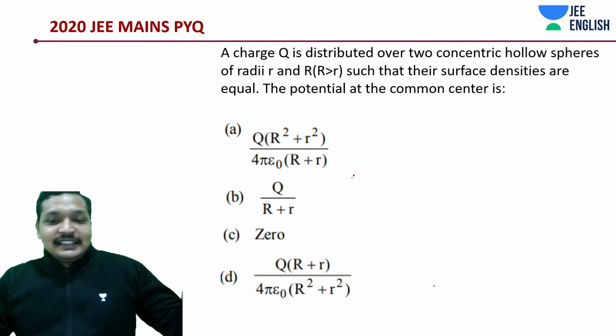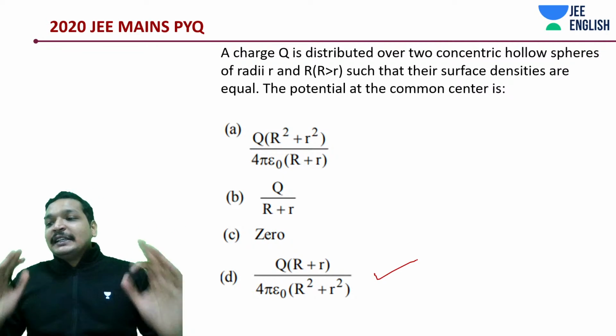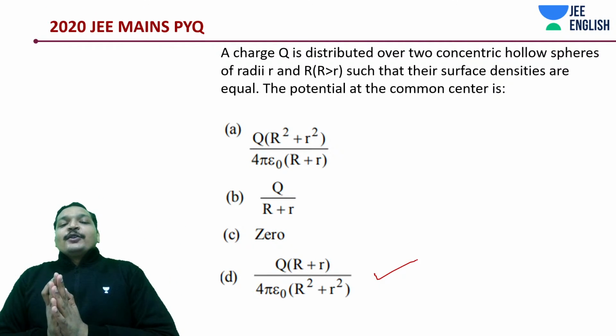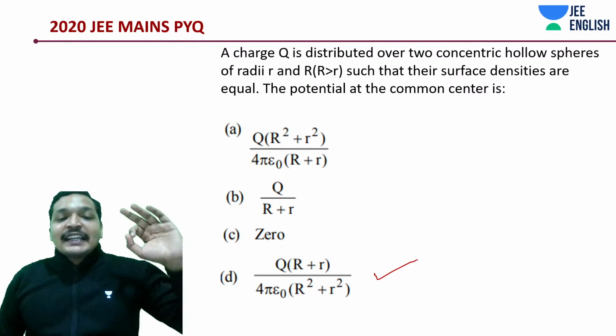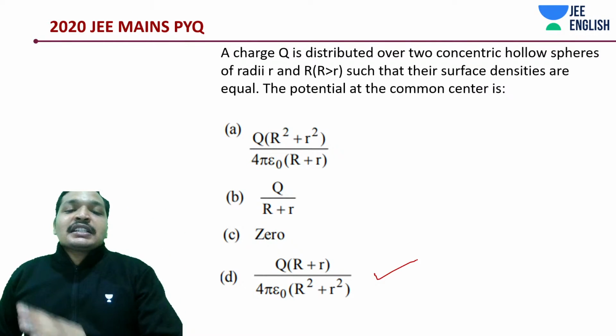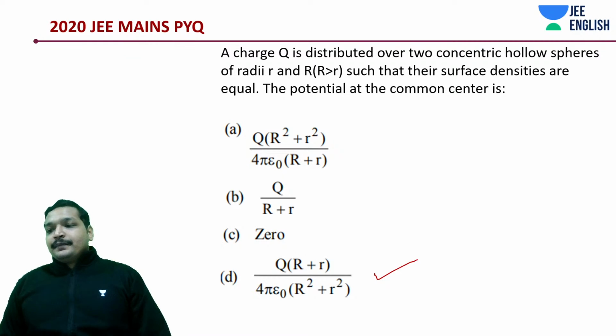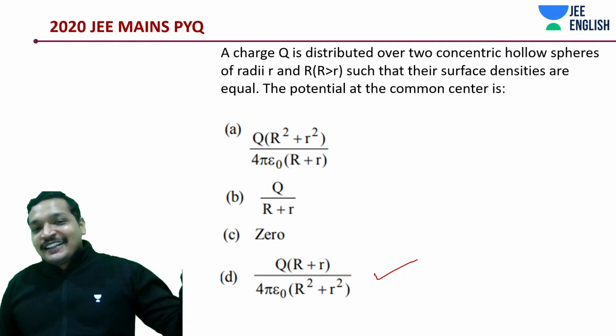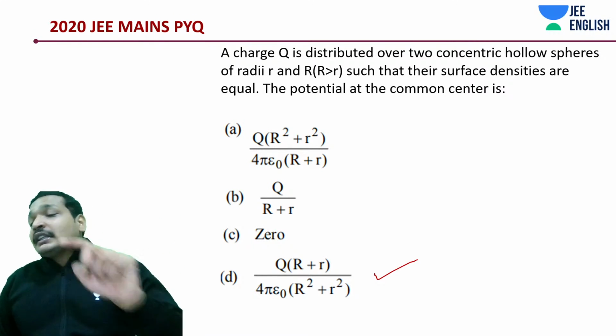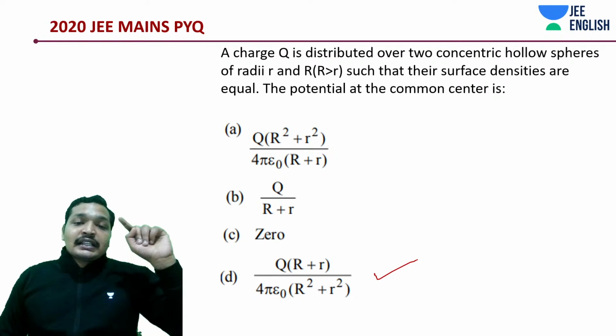Let me correct it. Really sorry. Answer should be D. Not A. Every other option is dimensionally incorrect. That's why I cancelled the A2, right? Every other option is dimensionally incorrect.